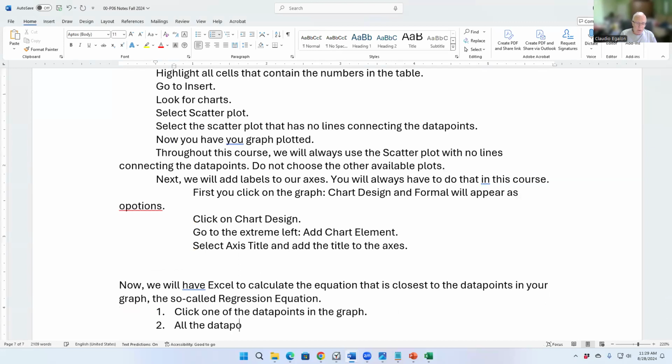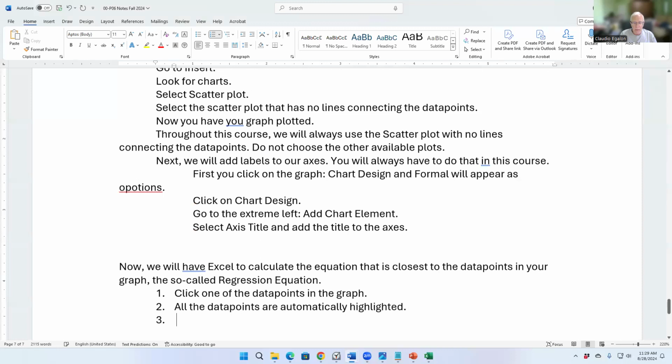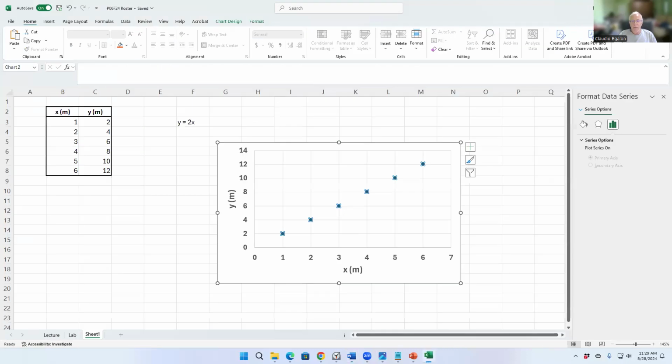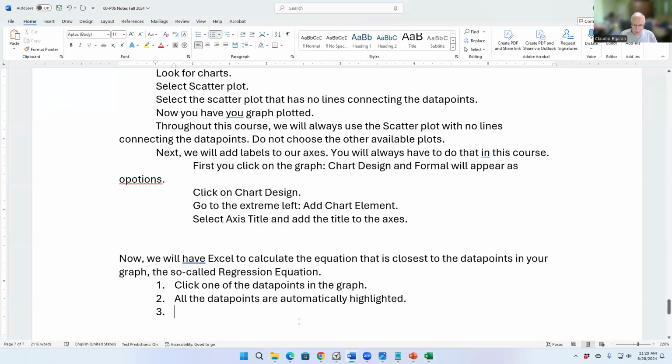All the data points are automatically highlighted. 3. Once you have all the data points highlighted, you right click in one of the data points.